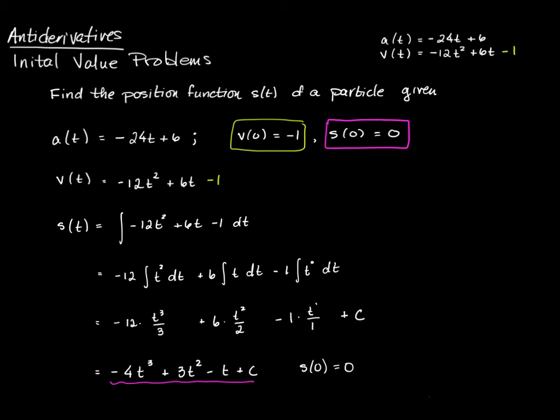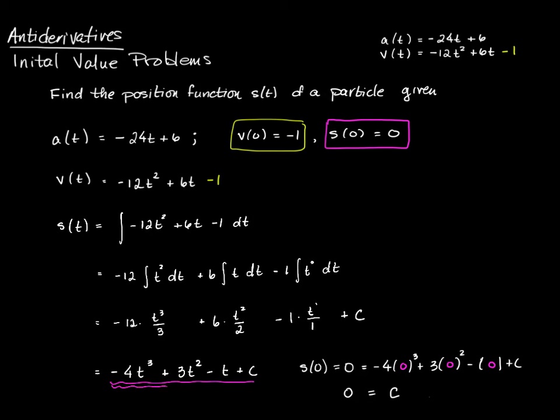But I also know that my position function, s of t, is negative 4 times t cubed plus 3 times t squared minus t plus c. And wherever I had a t, I can replace that with 0. This gives me the idea that 0 is equal to 0 plus 0 plus 0 plus c. So in this case, c really is 0.